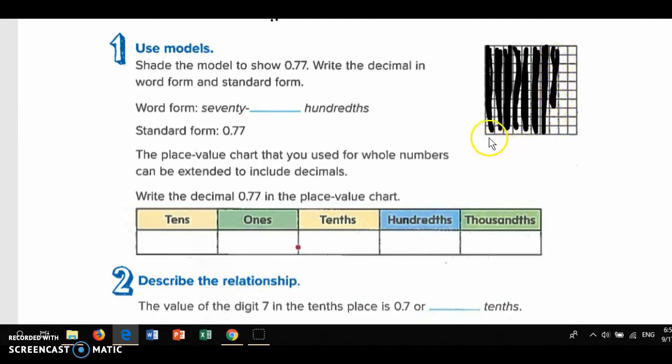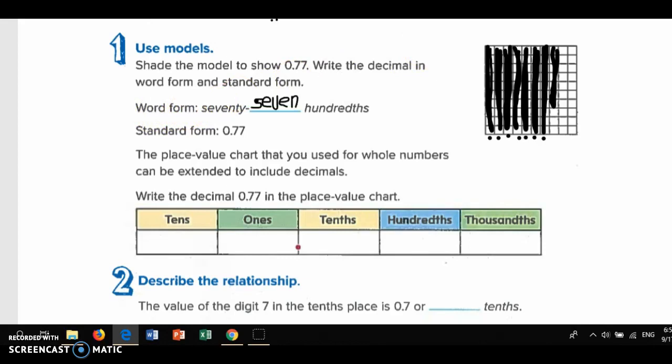Let's count them again. 10, 20, 30, 40, 50, 60, 70, 71, 72, 73, 74, 75, 76, 77. So we have shaded 77 of the 100. Write in word form.